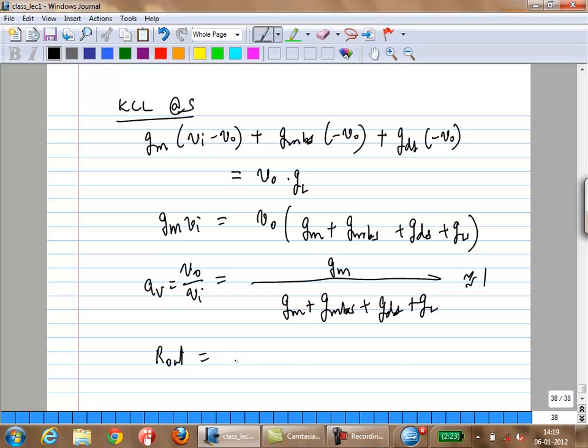And as far as the output impedance goes, you can show that the output impedance is 1 over GM plus GMBS plus GDS plus GL, or you can approximate it to 1 over GM in parallel with RL.